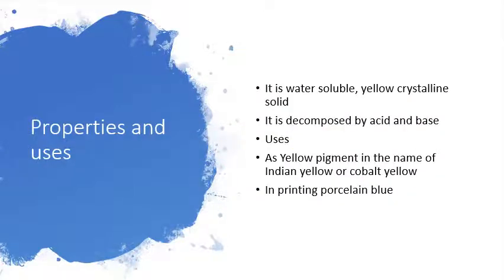Let's see the properties and uses of the cobalt nitrite complex. It is a water soluble yellow crystalline solid. It is decomposed by acid and base. It is used as a yellow pigment under the famous name Indian yellow, or cobalt yellow.